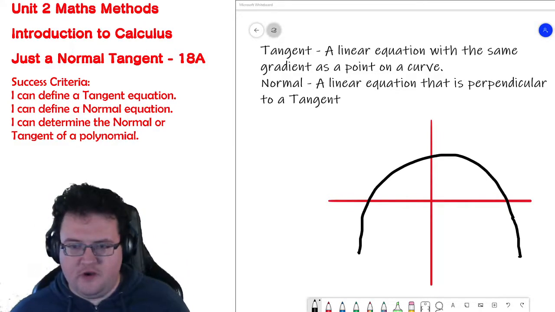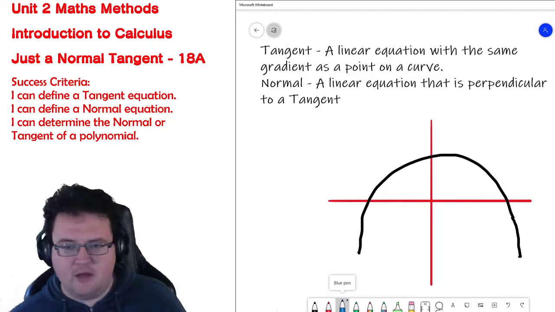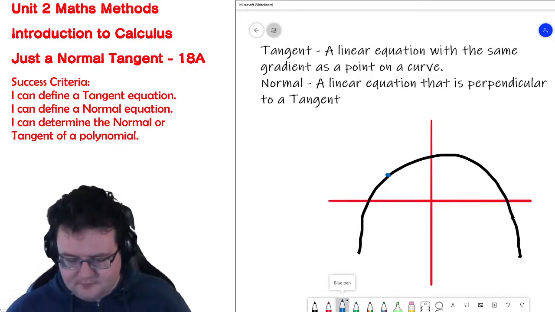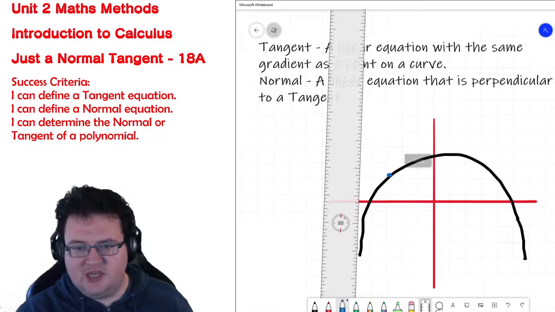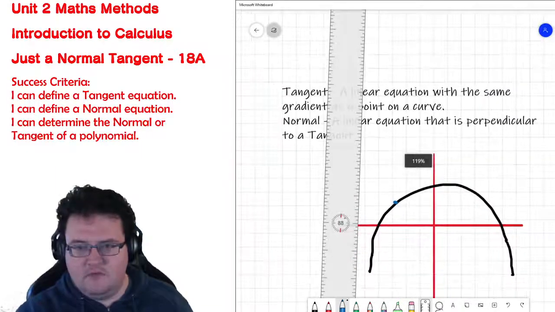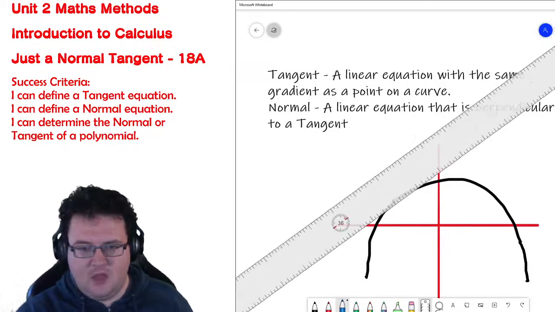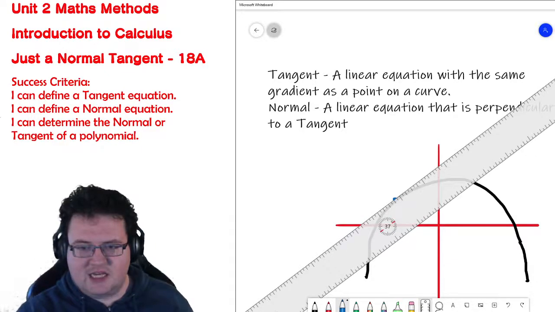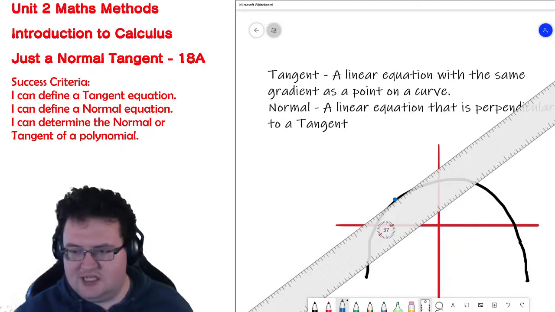So I could pick any point along this parabola, make a mark, make an approximate, and I can do a calculation using dy/dx, and I could get a value for that line. And then I would be finding the exact equation of a line with that exact gradient that passes through that exact point.